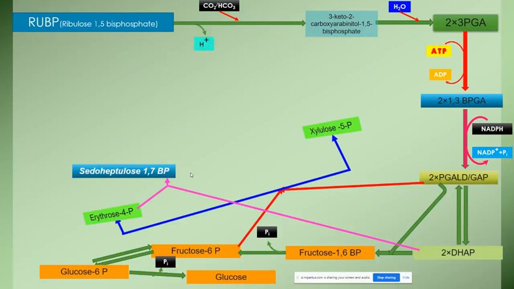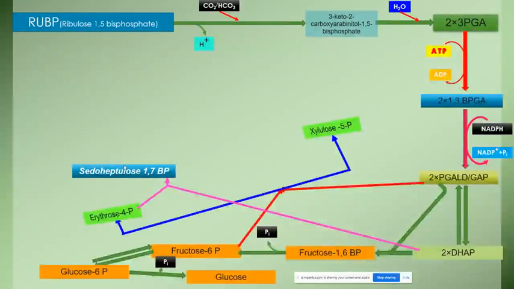Next step, this erythrose 4-phosphate. Again, remember up, down, up: first phosphoglyceraldehyde, then dihydroxyacetone phosphate, then again phosphoglyceraldehyde. Erythrose 4 carbon and dihydroxyacetone 3 carbon, 4 plus 3 is 7 carbon. It will produce pseudoheptulose 1,7-bisphosphate by aldolase. When two are attached and produced, it is called aldolase.